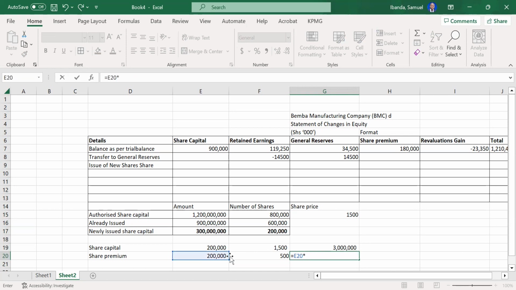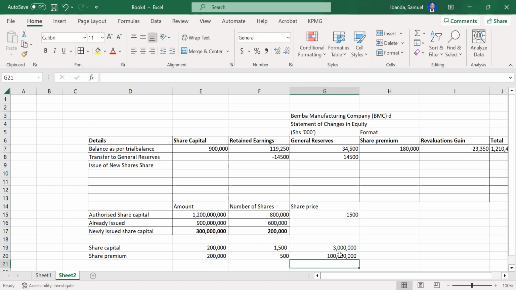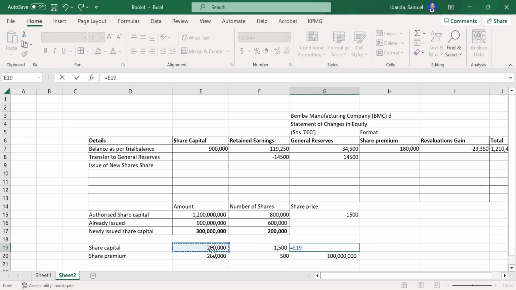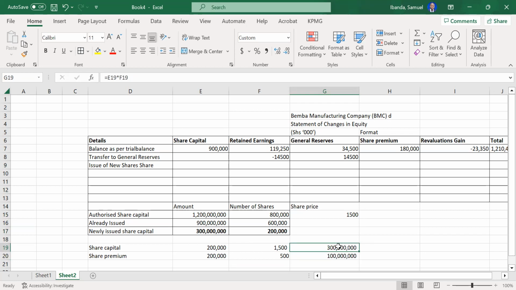This times this. Let me do this calculation also. So this is 300 million. Well, this is 100 million.